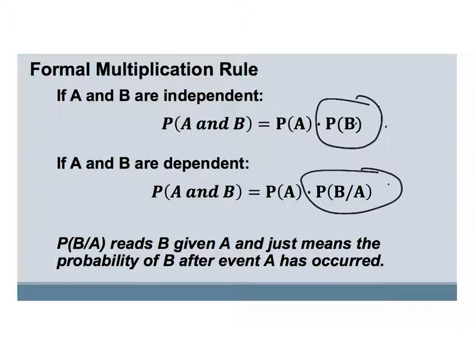So if they're dependent, when I go to draw B, or get B, it's going to be different than if they were independent. A will be the same, because that's the first one, nothing affected it. B will be, if it's independent, the probability of B. If it's dependent, I'll get the probability of B given that A has already occurred.